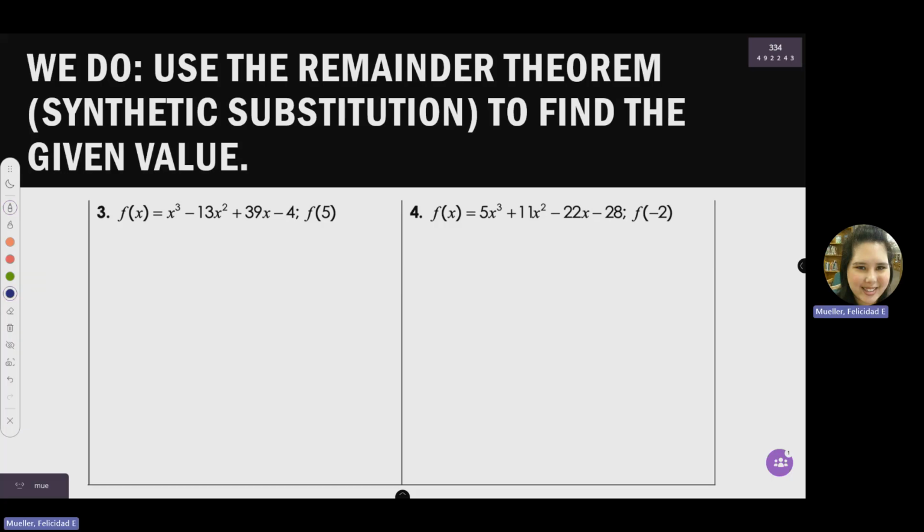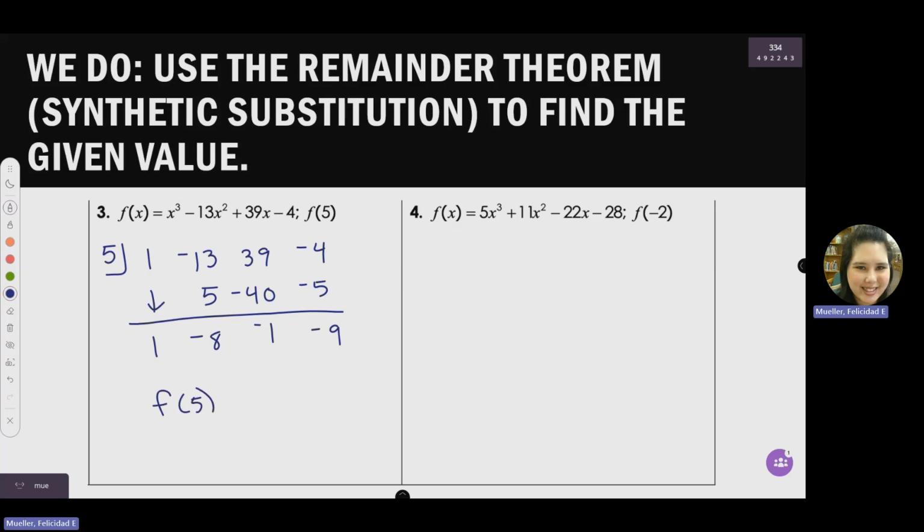All right, so let's go ahead and check your work. We should have a 5, 1, negative 13, 39, negative 4. Bring down the 1. So we get 5, we get negative 8, we get 40, negative 40. So negative 1, negative 5. So we get negative 9. So that tells me that f of 5 equals negative 9.